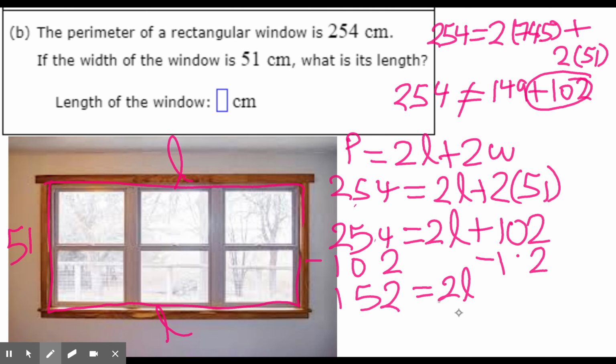So we're going to divide by 2 to find one length rather than two lengths. And we have 76.